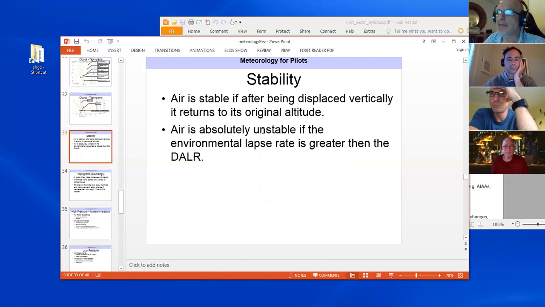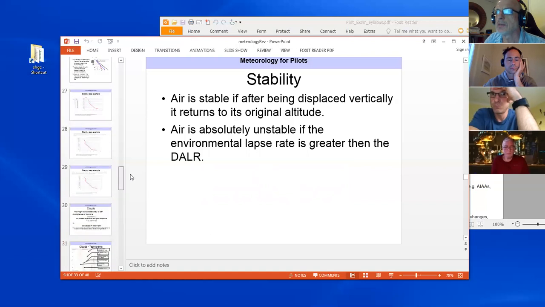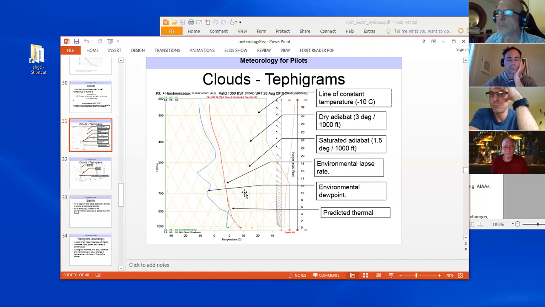And then air is absolutely unstable if the environmental lapse rate is greater than the dry adiabatic. So what does that mean? Basically, if you took this red line and imagine it moved over a few degrees to the left, then this dotted line wouldn't meet it.